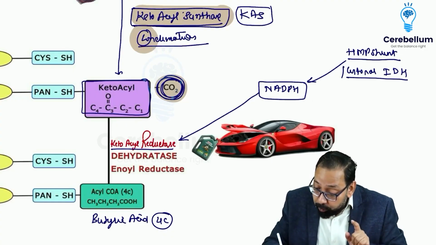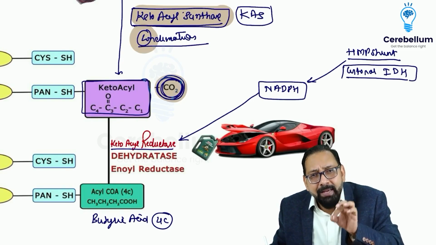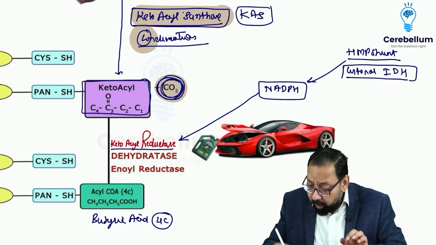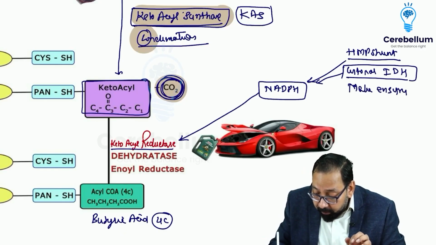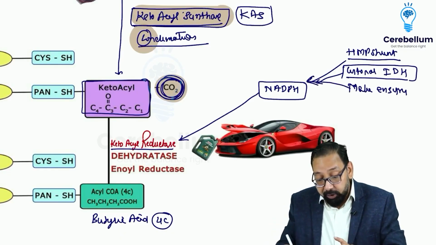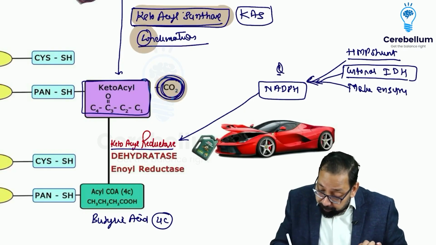But in the cytosol, the isoenzyme isocitrate dehydrogenase produces NADPH. Another is malic enzyme. They produce NADPH, which is used in fatty acid synthesis. Which enzyme? Ketoacyl reductase. A question is asked.